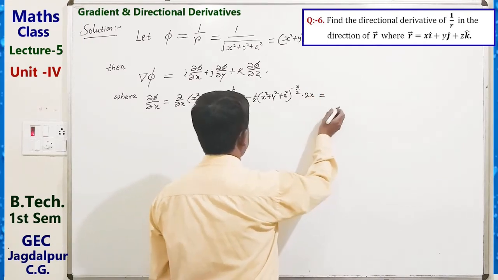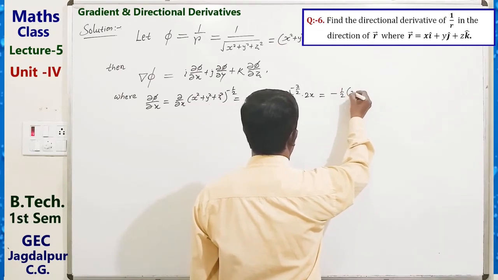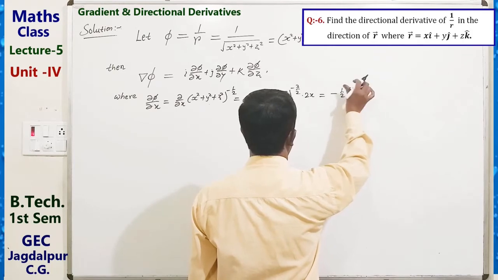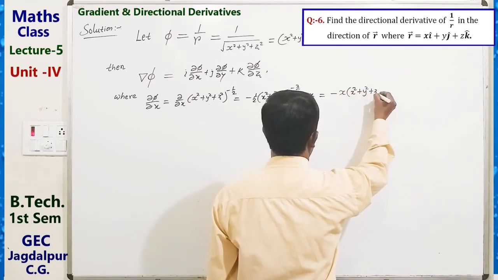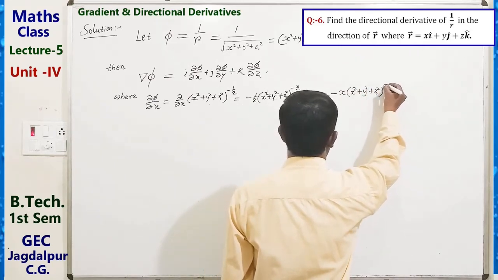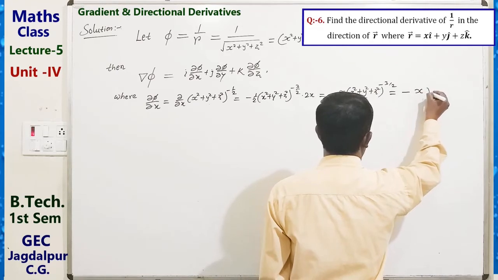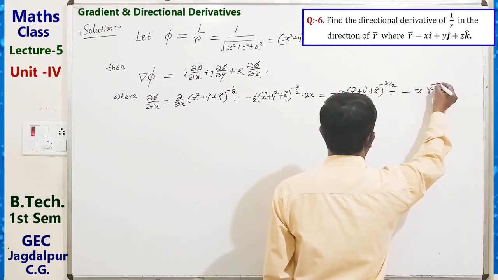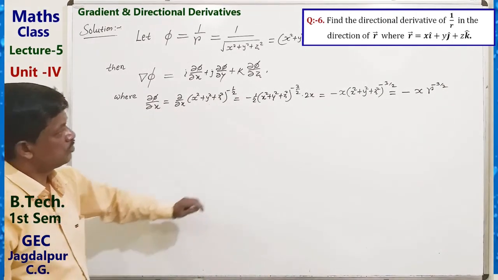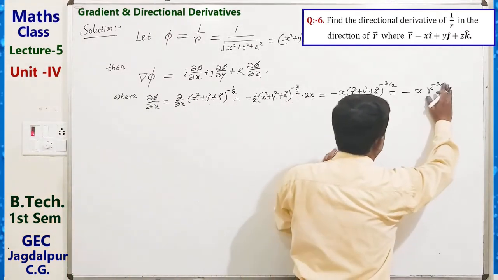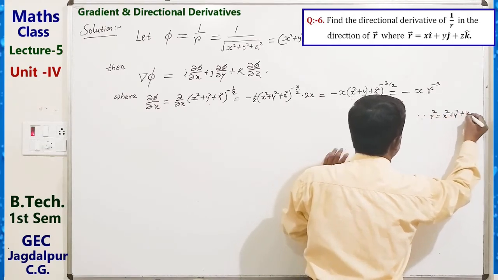So this equals minus x (x square plus y square plus z square) to the power minus 3 by 2, that is minus x r to the power minus 3, since r square equals x square plus y square plus z square.